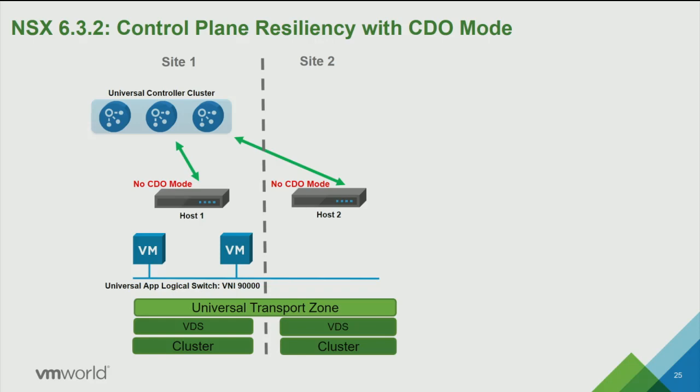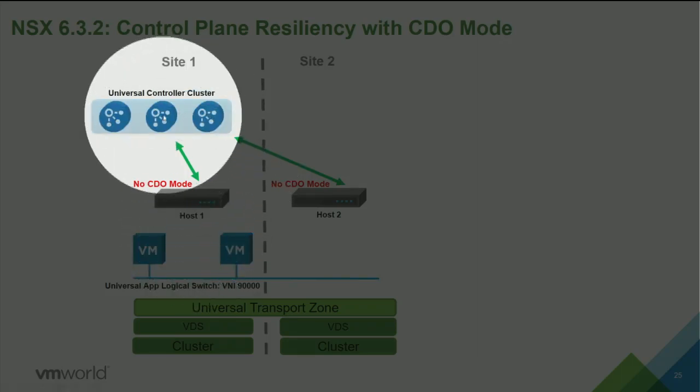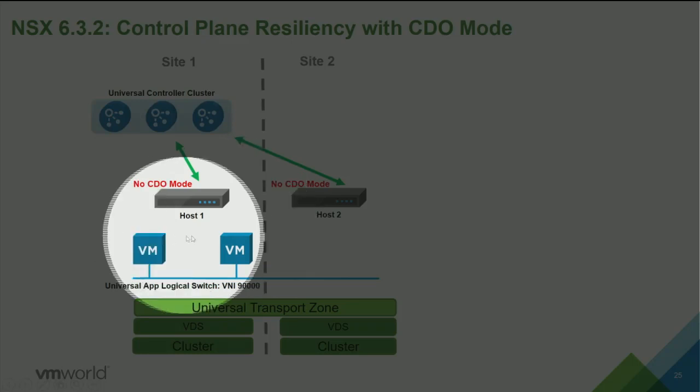Now, before I get into this, I should mention what the controller cluster does, just as a refresher so everyone can follow along. The controller cluster knows the state of the entire network. As workloads come up, the controller cluster is notified: this VM just came up, it's on this logical switch behind this host.